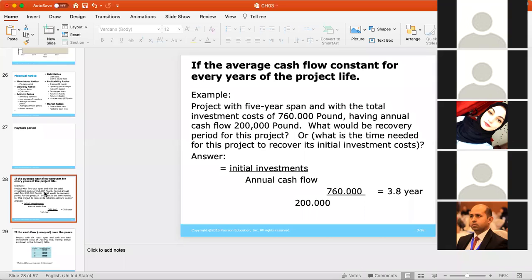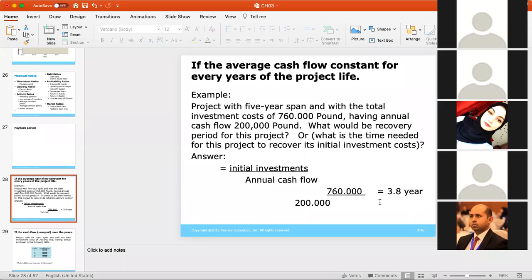So we are interested in the net cash flow, which exists on the cash flow statement. For example, this example tells us that the total invested capital is $760,000, because I was in the UK, it was pounds, supposed to be US dollars now that I am here in Gaza.